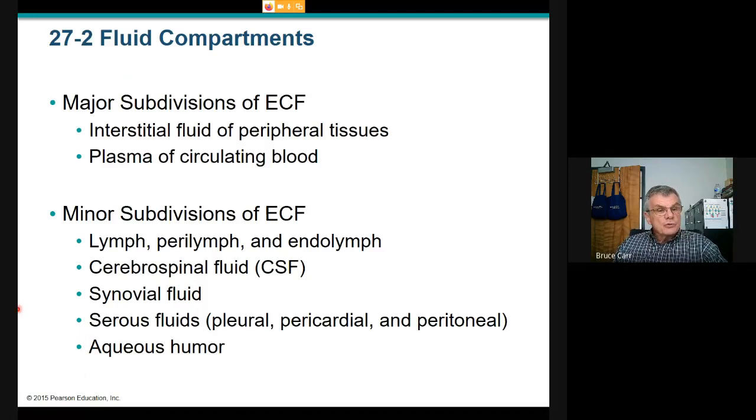So this includes the major subdivisions of extracellular fluid. The interstitial fluid is the fluid between the cells that are densely packed together. And the second, though, is the plasma of the circulating blood, that liquid medium that suspends the blood cells. And through pumping that plasma, we push those blood cells with their various functions around to all living cells of the body.